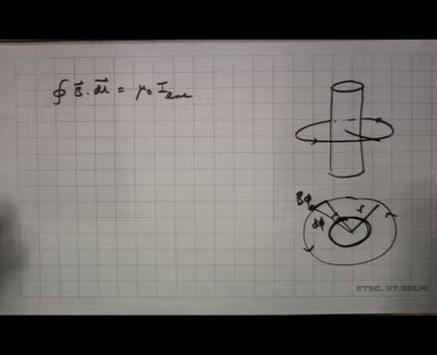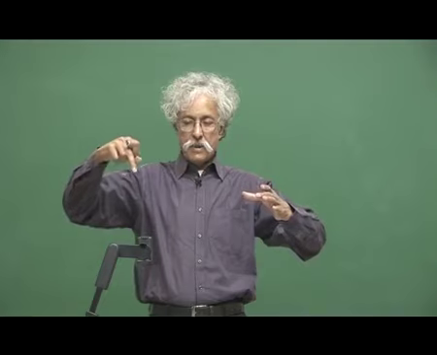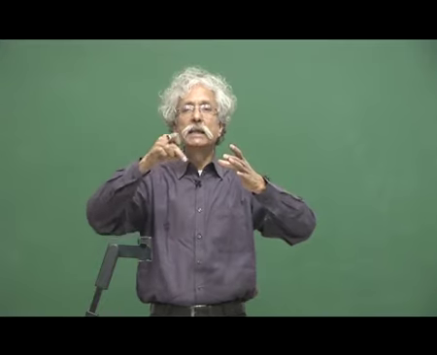Now, please note that in my solenoid I am assuming a very tightly wound solenoid. So the coil is like this, and if you look at this curve, there is no net current entering or leaving this path, because the current lies inside and the other currents do not cross the path at all.